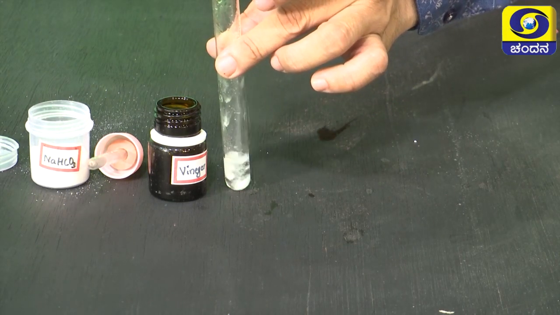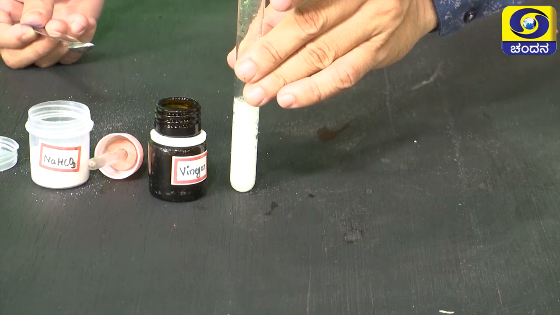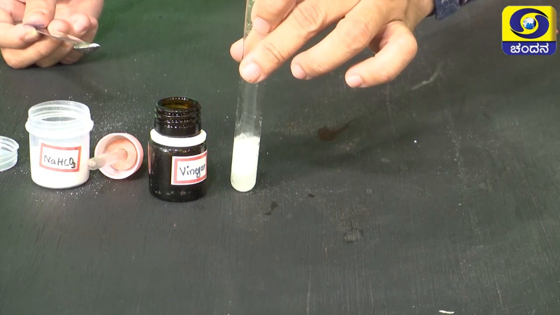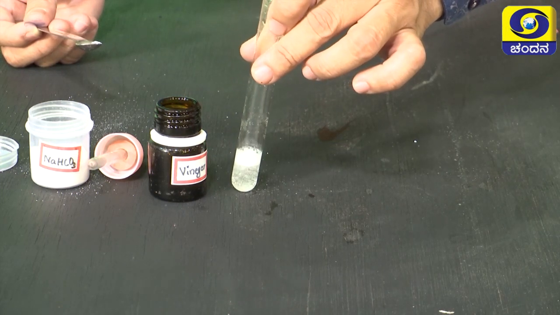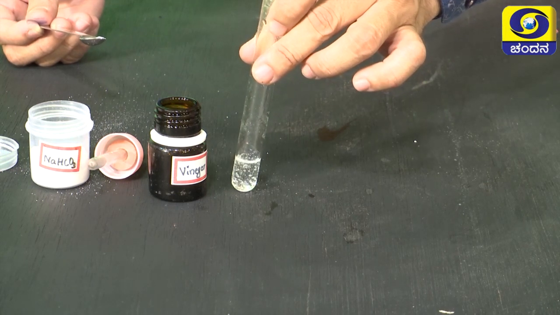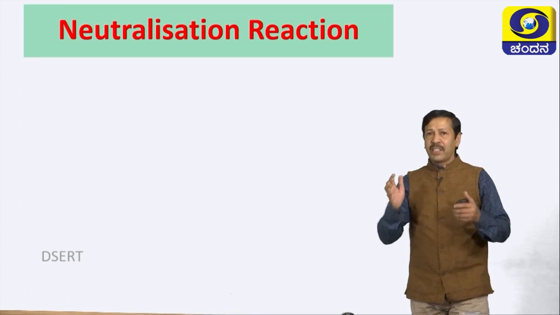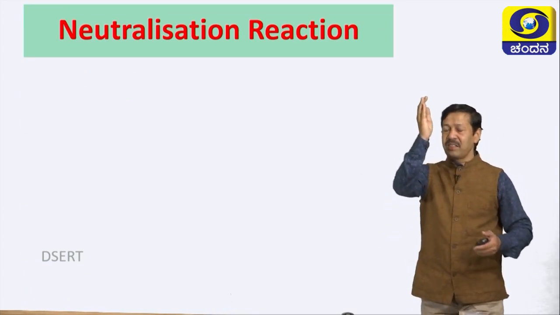Observe the change carefully. Some gas is evolved, that is nothing but carbon dioxide. When hydrogen carbonates react with an acid, they produce carbon dioxide, salt and water. Now let us move on to the next slide, the neutralization reaction.